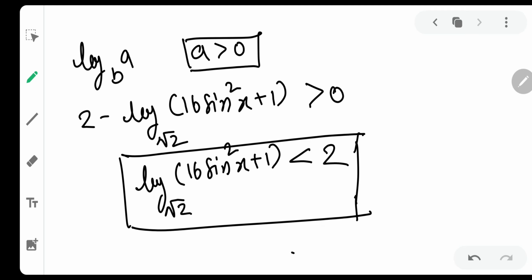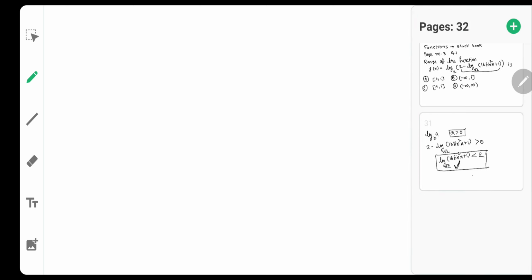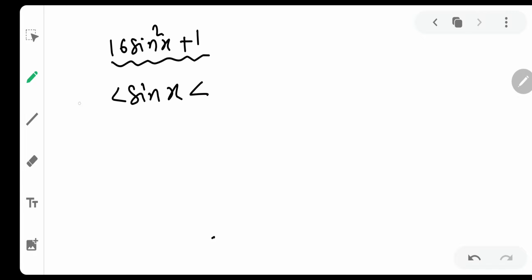Okay. Now let us calculate the range of this particular part first. Now for that what you need to understand is 16 sin²x + 1. What will be the value of this? So first of all, sin x lies from -1 to 1.